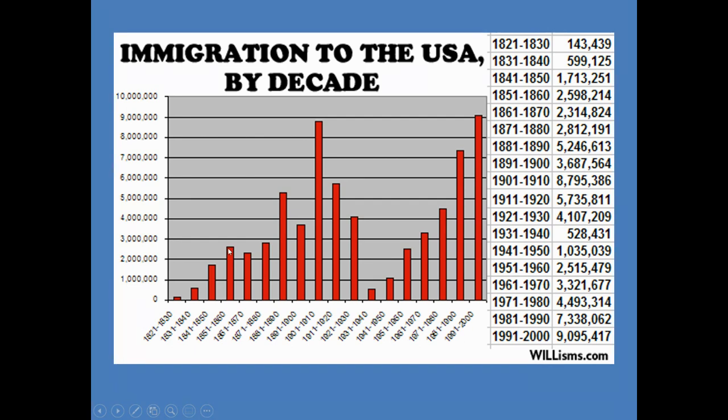But nothing like we're going to see from 1850 to 1910. So yes, there are immigrants coming in the early 1800s, but nothing like we're going to see in the second half of the 1800s and the first couple decades of the 1900s. And you can see these numbers, just tens of millions of immigrants.